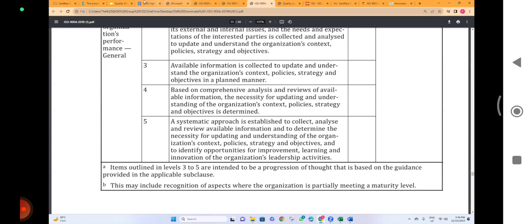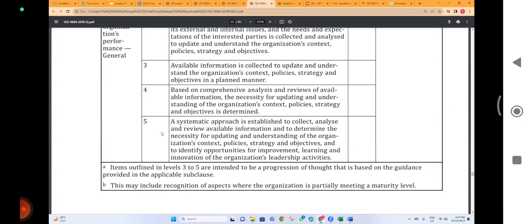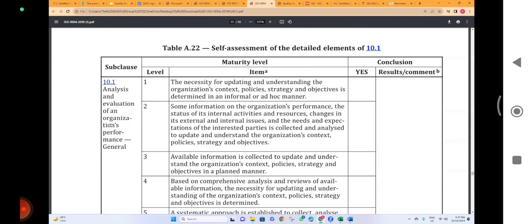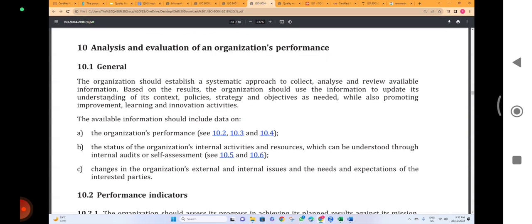So in that way, as I said, for each step right here there's a corresponding table in ISO 9004. This is going to help you do it by yourself. You can complete the action on your own, and you can also self-evaluate it. Another thing that I like about ISO 9004 is the information they have given you.